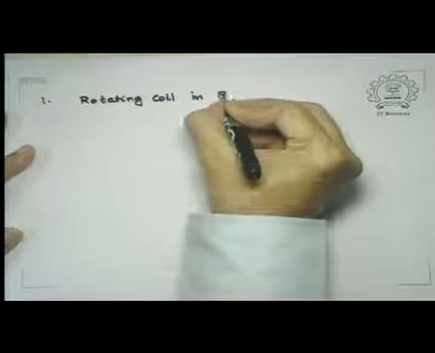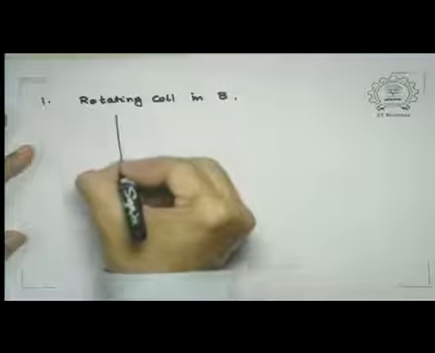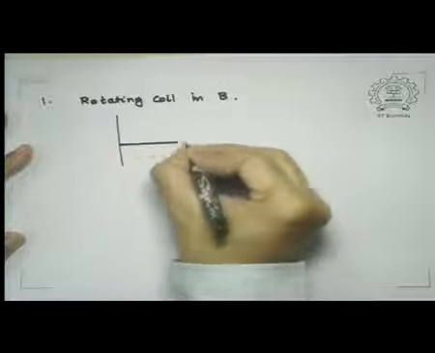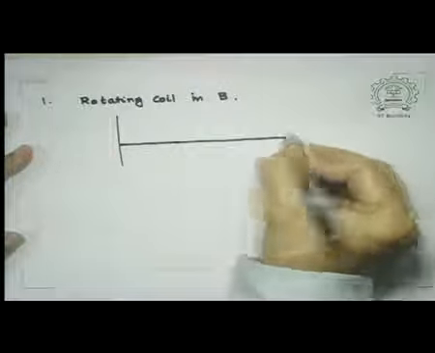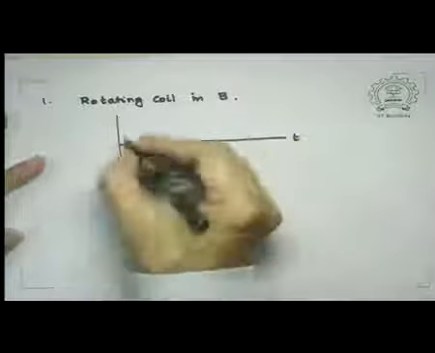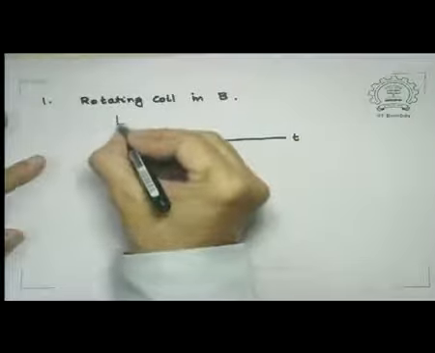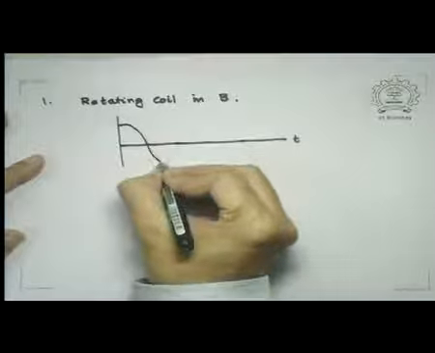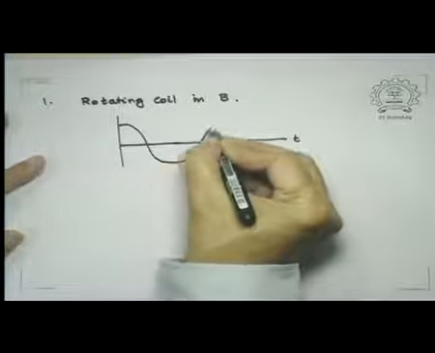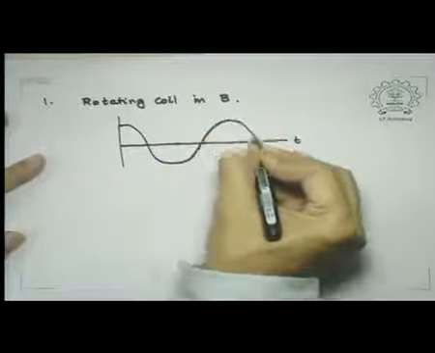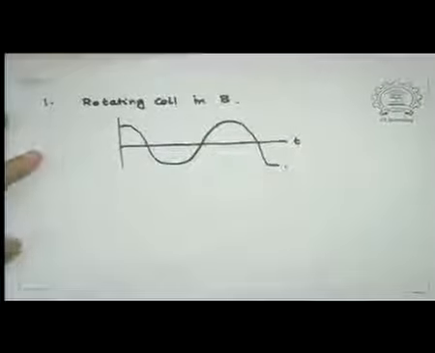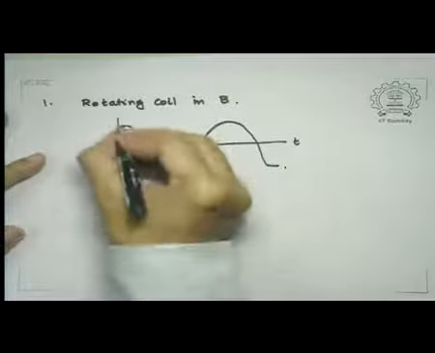in B field, and the voltage or the EMF that is generated, we will draw it as a function of time, and so it is something like this. And this is the peak voltage.